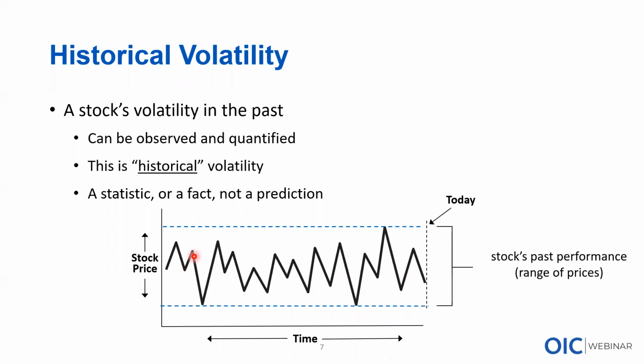Investors can choose for themselves what kind of time frame they're most interested in. It could be the last 10 days of stock price movements, the last 30 days, the last 90 days. You can choose for yourself. I most often hear the 30-day historical volatility measure being used.